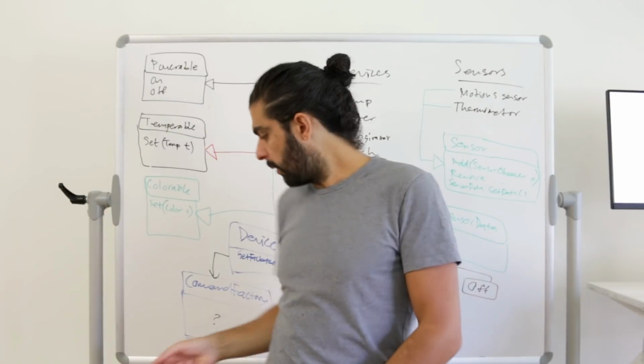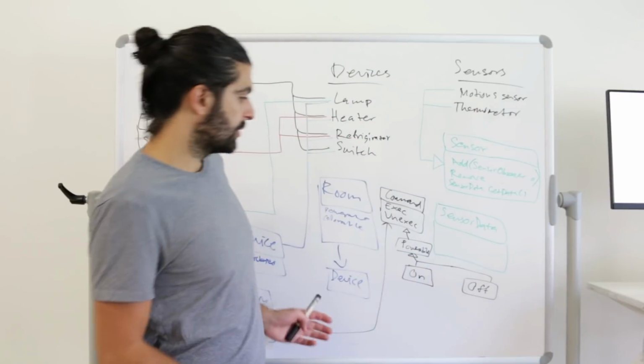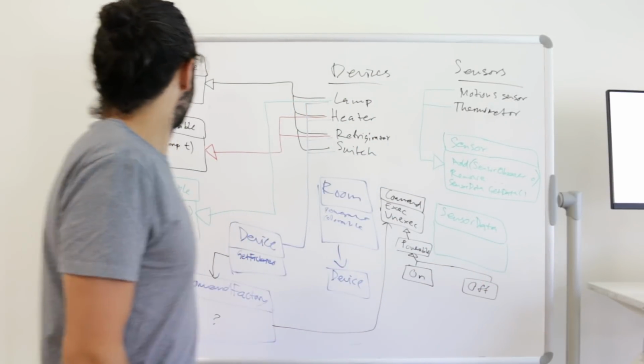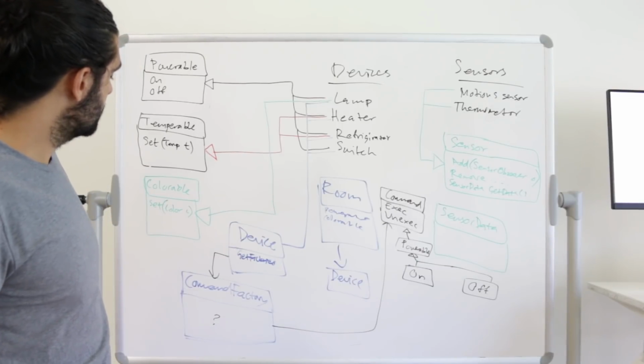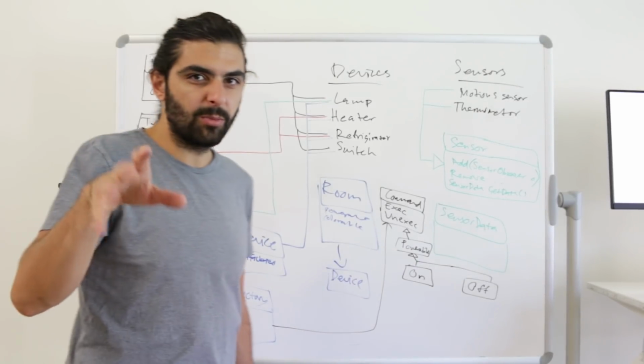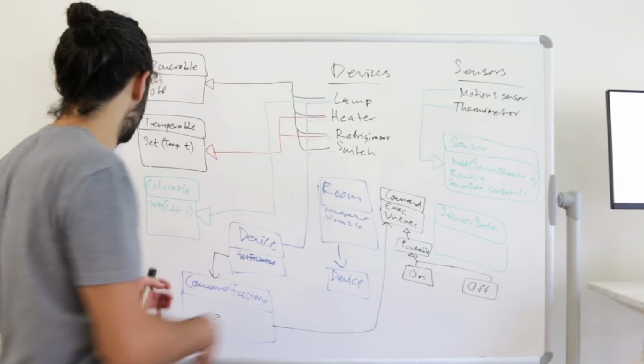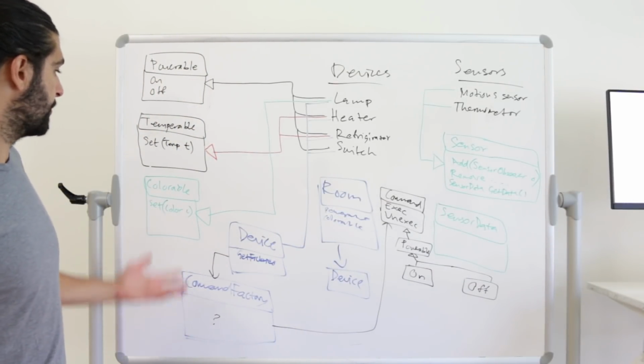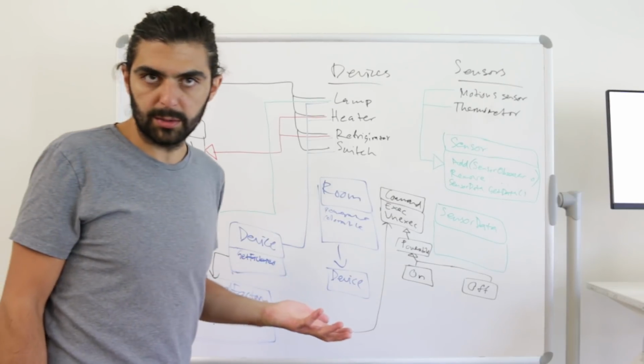And when you toggle off in the command factory, it produces an off command and executes that immediately. And I think you can hopefully see how that scales across all of these different things, right? And then you have a command factory for temporal and one for colorable.